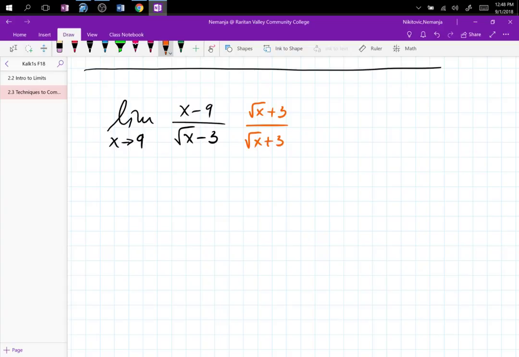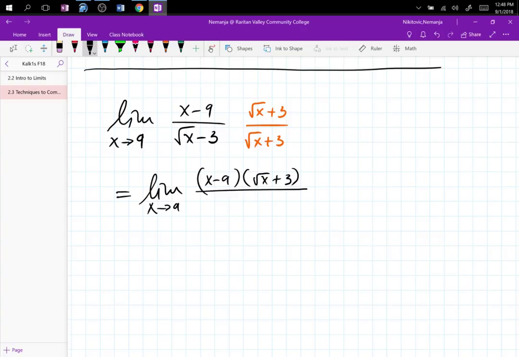Let's talk. Limit x goes to 9. Going to leave this, FOIL on the bottom. The middle terms are going to cancel. So I have x minus 9. These guys cancel.